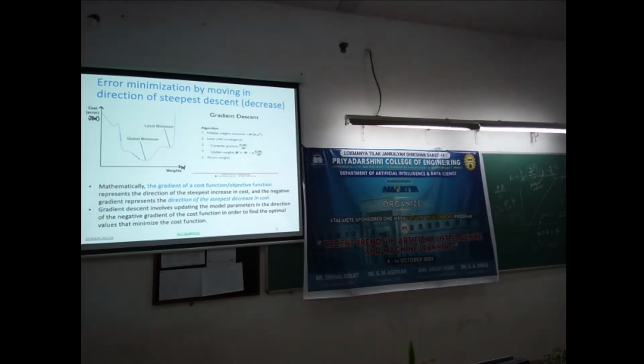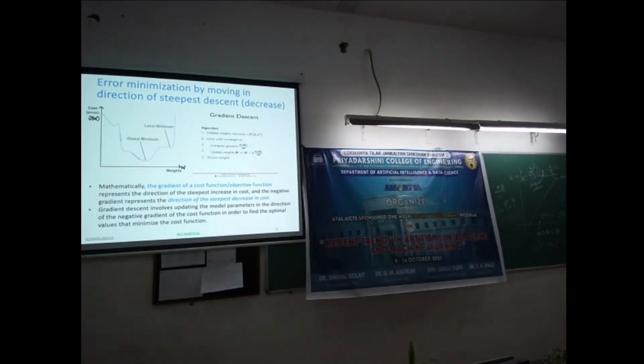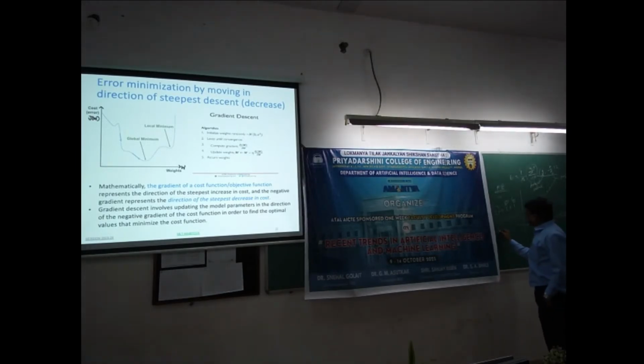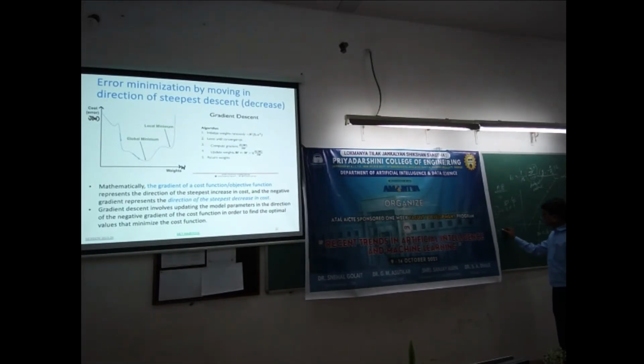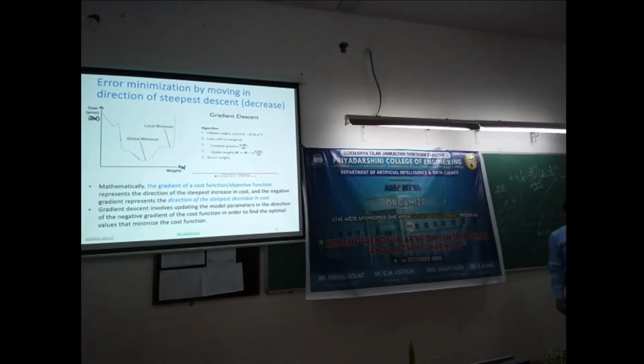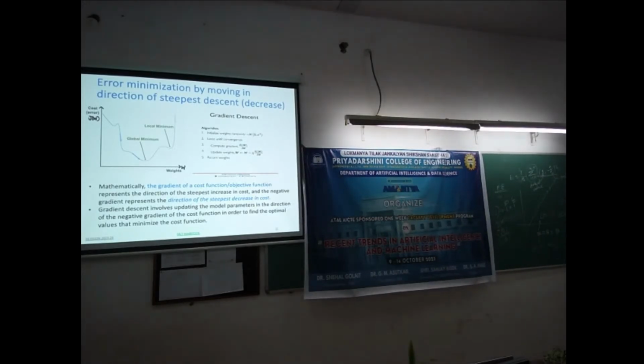So this axis is the weights W, and on the y axis there is the cost J of W. Naturally, J of W is the objective function, which is typically the mean squared error. It may be called J of W, J of theta or J of beta, whatever symbol you take. So don't get confused if you see theta somewhere. Here I have taken W, for example.